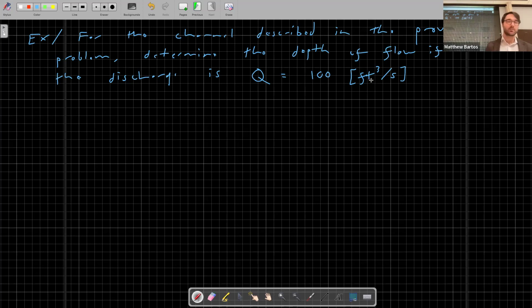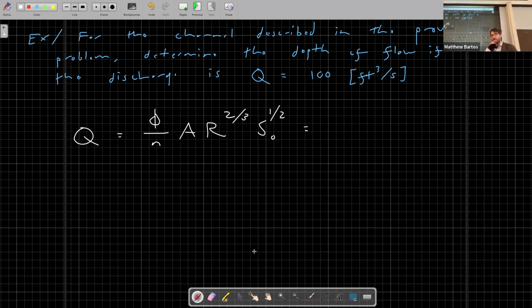So our approach will basically start out the same. We'll have, from Manning's equation, Q, the discharge, is going to be equal to phi divided by n times A, the cross-sectional area, times R to the 2/3 times the bottom slope to the 1/2 power.